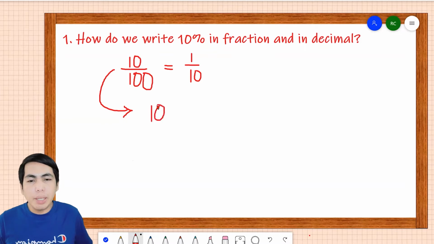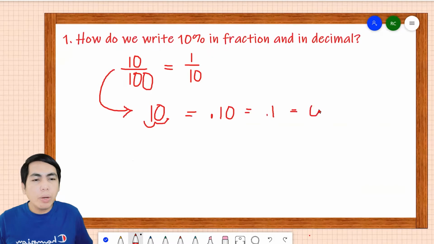When we have 10, it is understood that the decimal point of this whole number 10 is after the 0. So we have to move 2 decimal places since there are 2 zeros in our denominator. 1, 2, to give us 0.10, or 0.1.